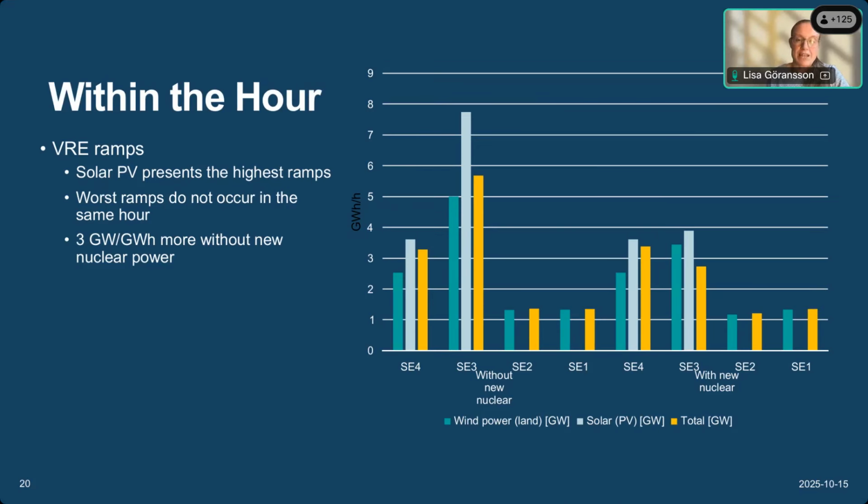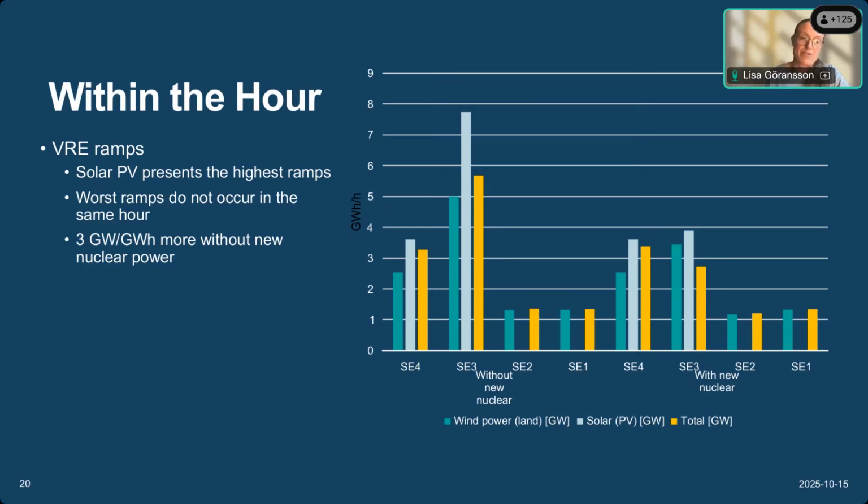We can see here the size of these ramps when we do the calculations. We have the largest ramps from solar PV, even though they are a smaller contributor in terms of energy supply to the system. If we look at the total need to match these ramps, it's much smaller than the addition of wind and solar together, so wind and solar ramps don't happen at the same time.